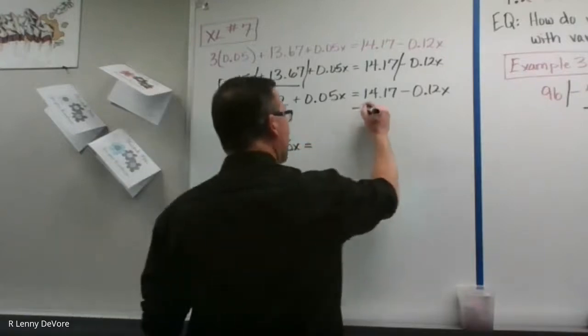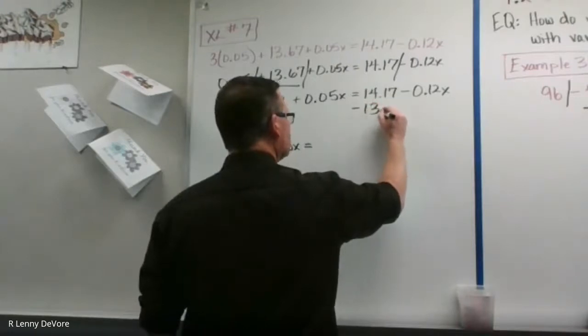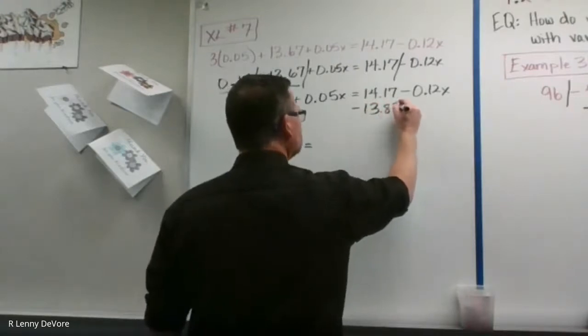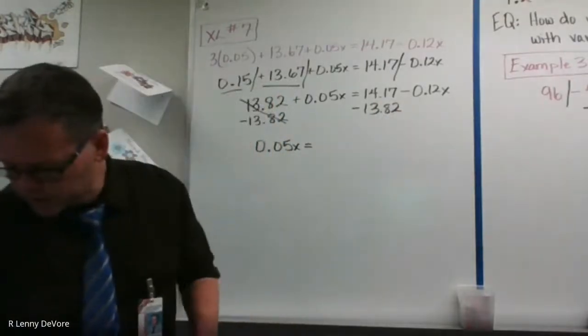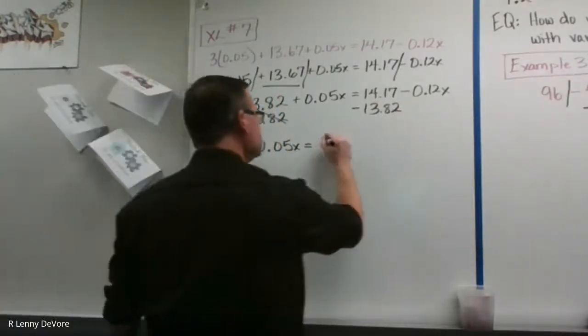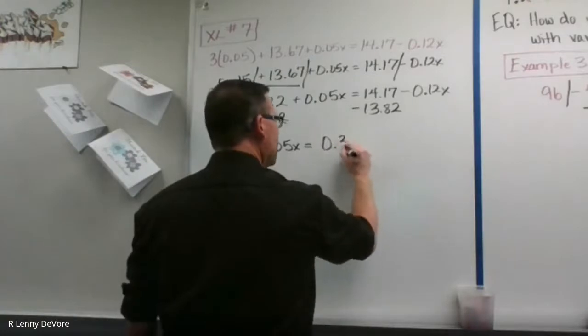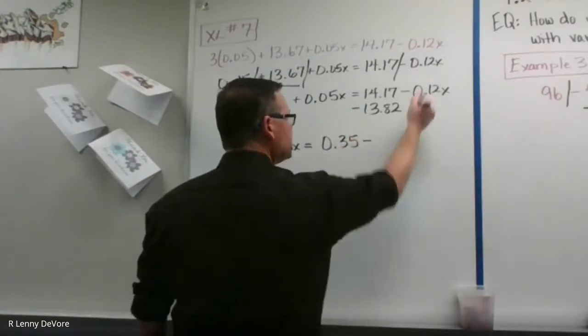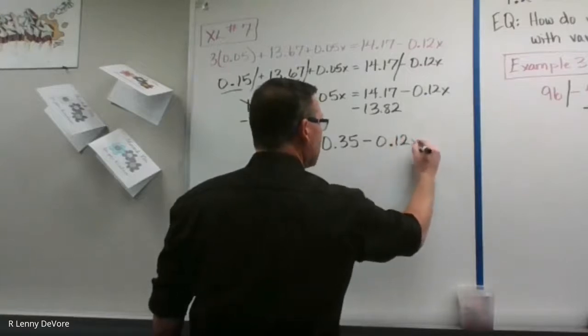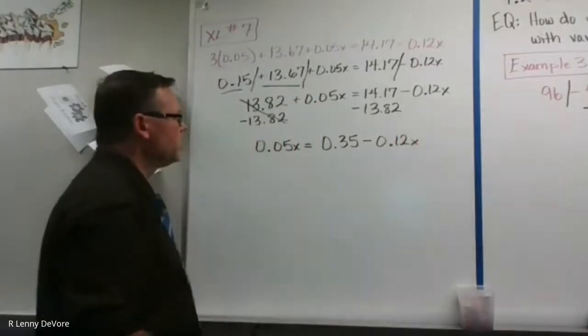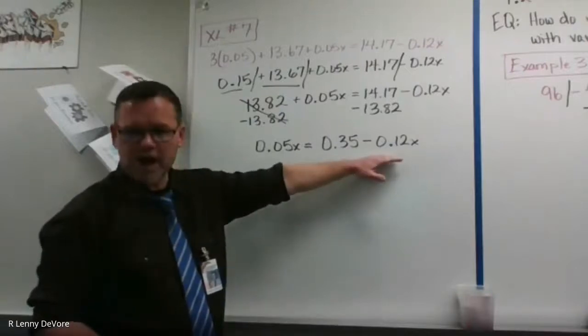Then I'm going to subtract. Remember, I can't do it on one side without doing it on the other. 8200ths, right? So I subtract these two, and when I subtract that, I get 0 and 3500ths. And don't forget, I still have this 0 and 1200ths x. Now, the thing is that this is a subtraction here.